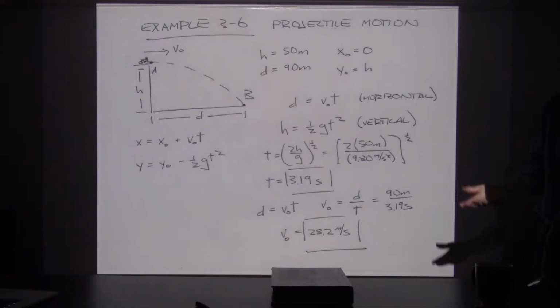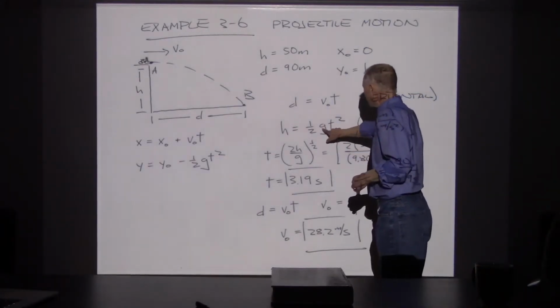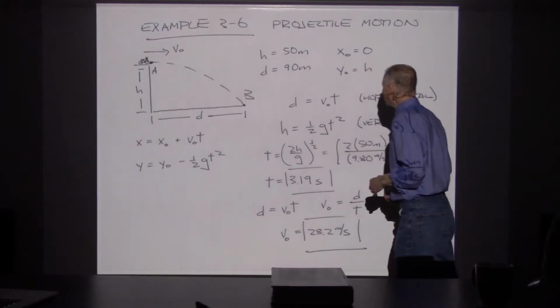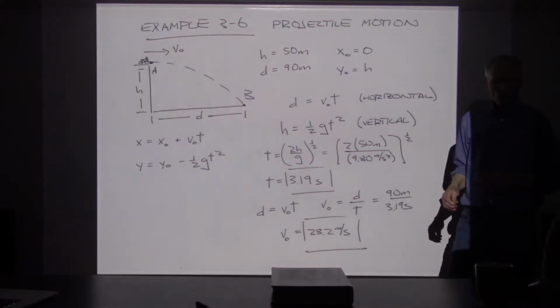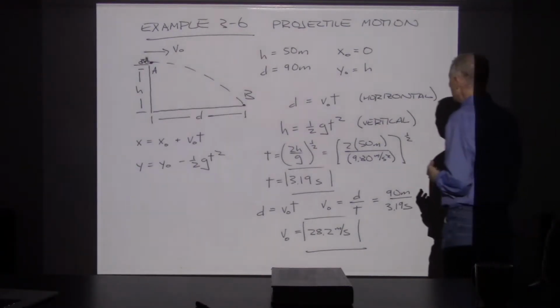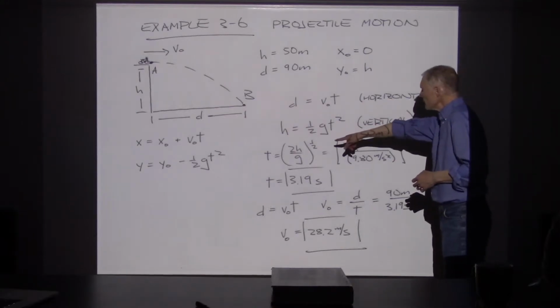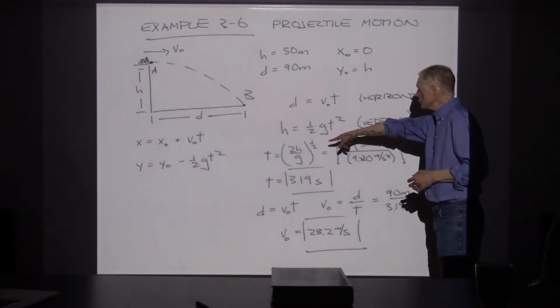The moon would be really handy because it would get rid of the air resistance. So if it were the moon, the air resistance would be a non-issue. The gravitational field would be different, but the moon would take care of all of the air resistance issues that we keep mentioning. So time here, we can calculate using the formula 2h over g.